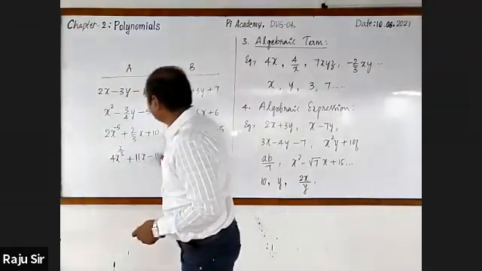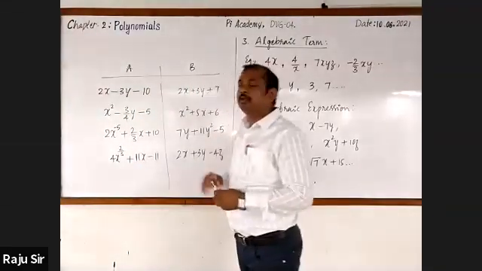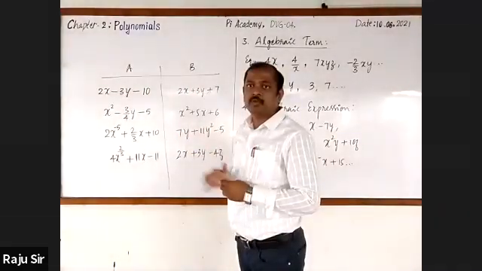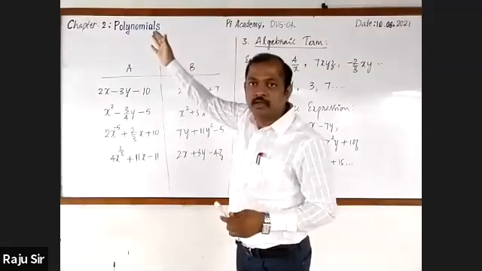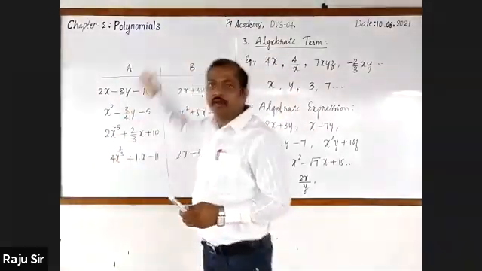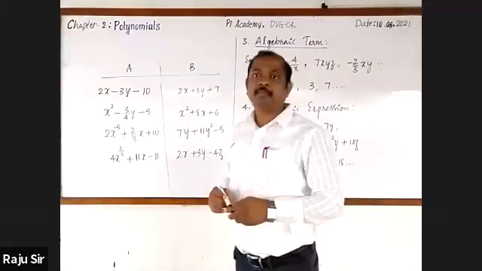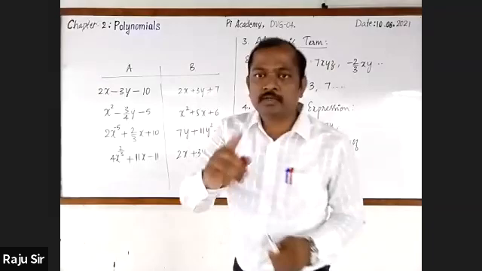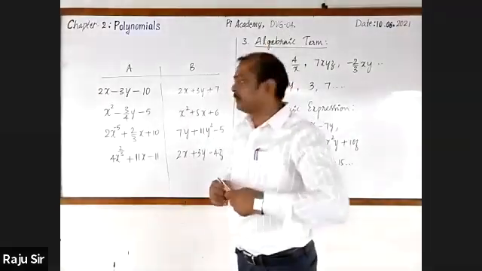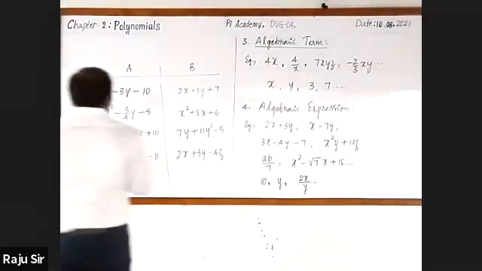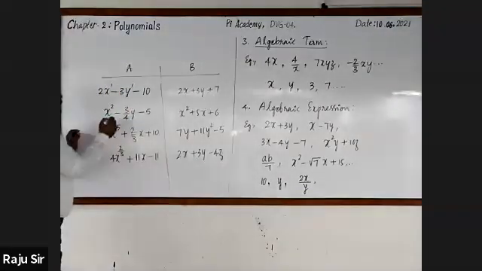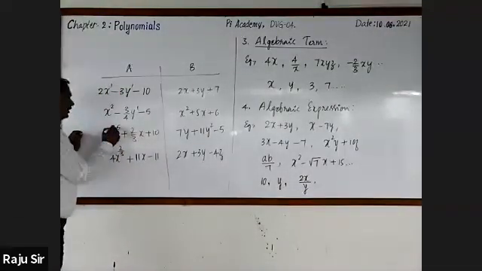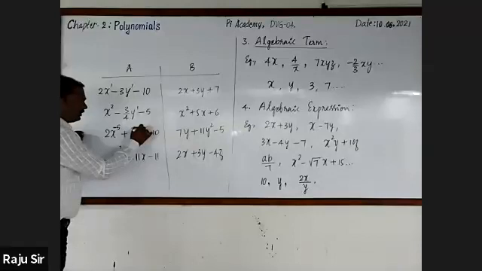Do you find what difference there is in these expressions written in column A and column B? Yes. Very good. Observe the powers. Here the powers of the variable are 1, 1. Here 2, 1. Here -5, 1.